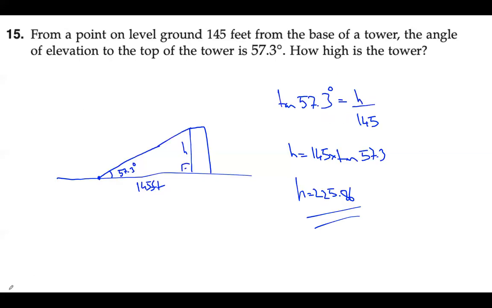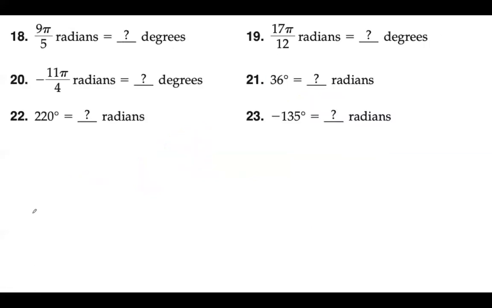Okay, the next question. In these questions, we will convert the angles from radian to degree or from degree to radian. So let's start with question 18. This is radian. How do we convert it to degree? We multiply by 180 degrees over pi.